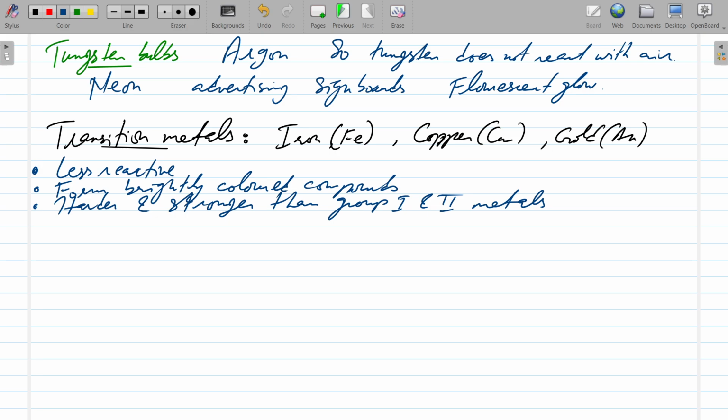Also, they've got much higher densities, again, compared to groups 1 and 2. They also have high melting points. So the group 1 have lower melting points. These guys have high melting points.